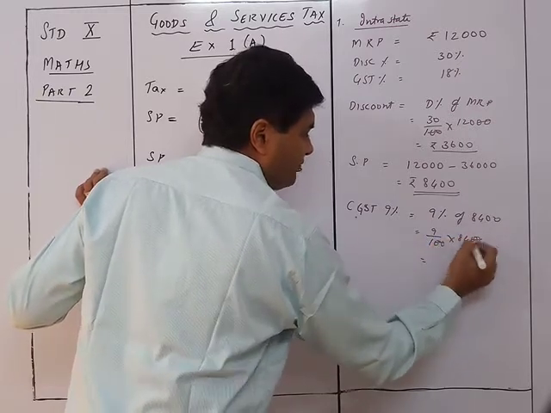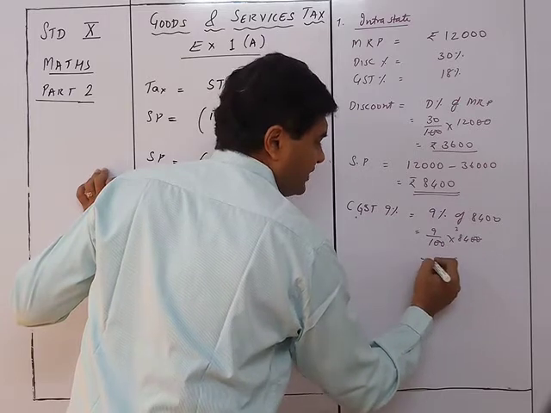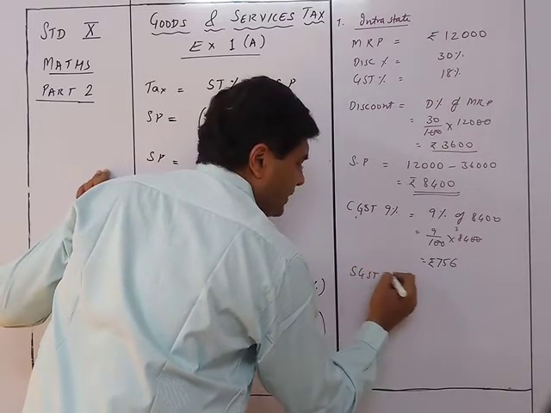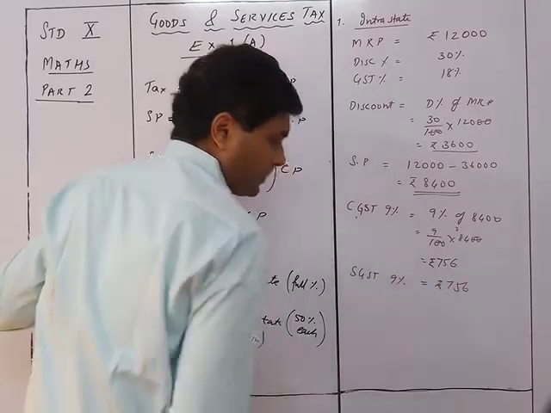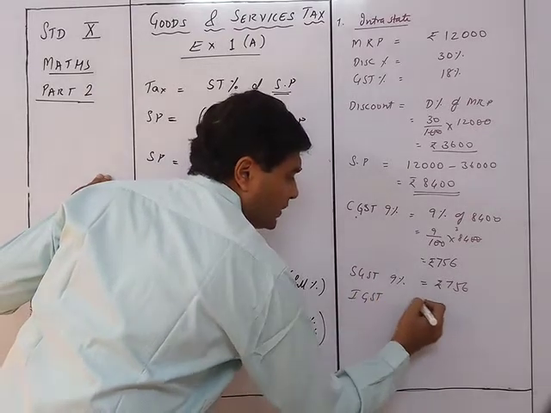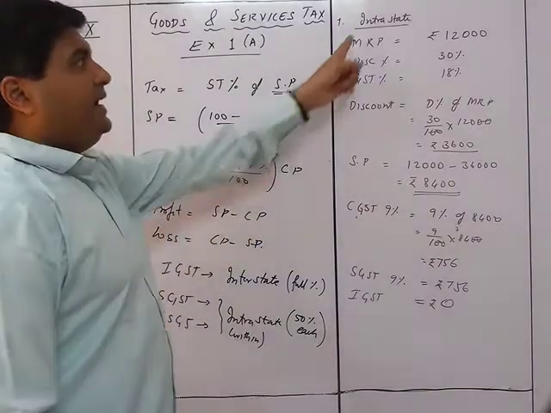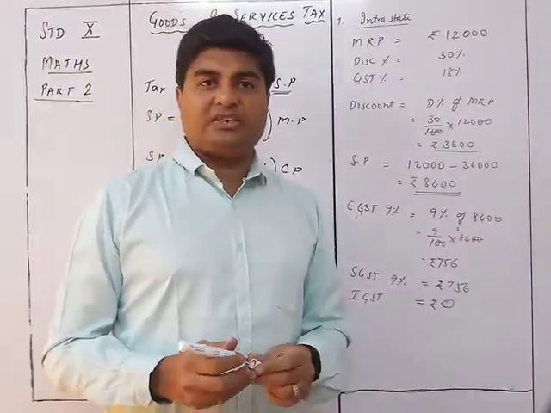That is going to be 9 4s are 36 and 9 7s are 63, so 756 rupees. And similarly SGST 9% will also be rupees 756. IGST over here will be equal to 0. Why 0? Because it is intrastate. In intrastate there is no application of IGST.